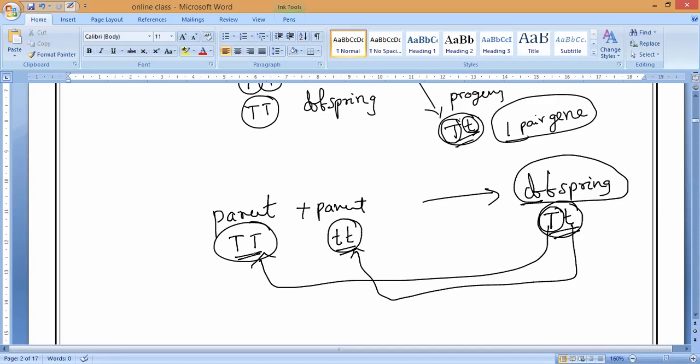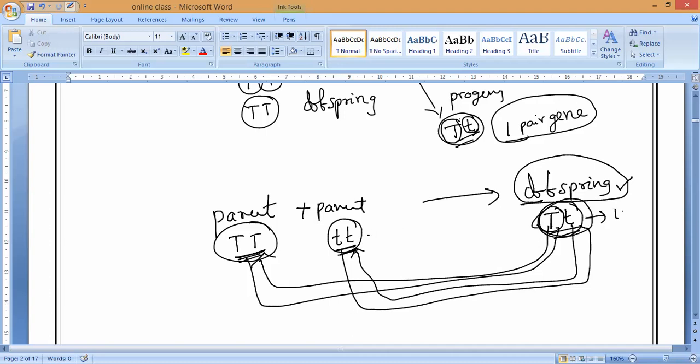So parents have pairs of genes, but for the characteristic developed in the offspring, one gene is donated by the male parent and another gene is donated by the female parent. Then only it will form one set of chromosomes. Do you understand? One set of chromosomes in the offspring for any characteristic. That is what I am saying.